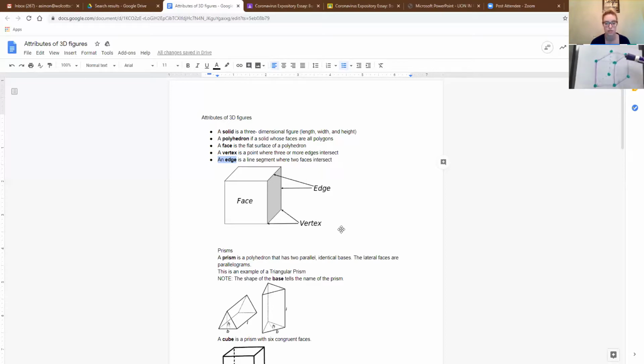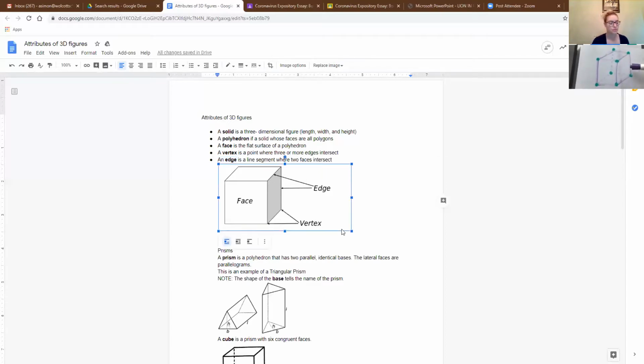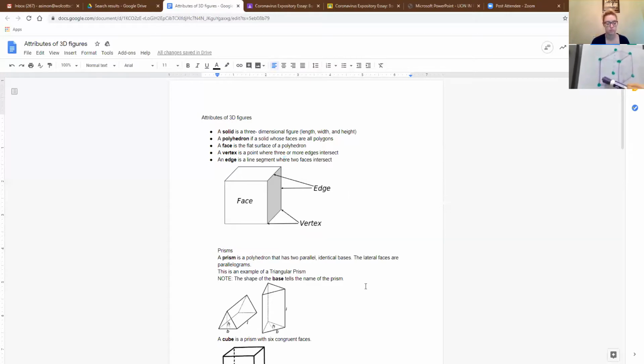It might be easier to see that on my drawing over here, because the example on the notes doesn't show what we can't see, what's at the back of this three-dimensional shape. So usually when we draw 3D shapes, we'll use dotted lines, okay? That can help you see all of the parts of the three-dimensional figure.